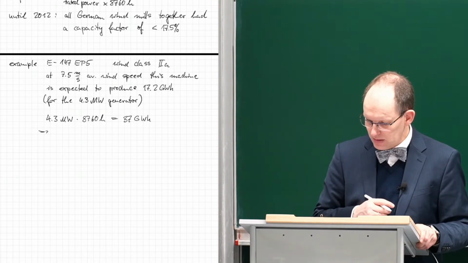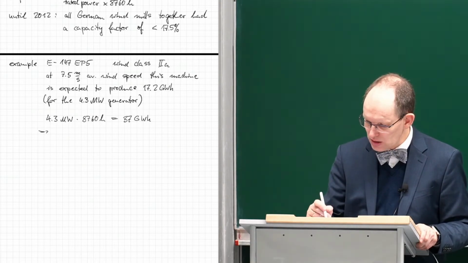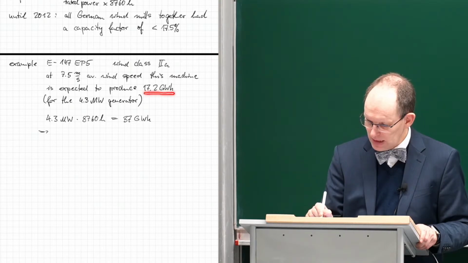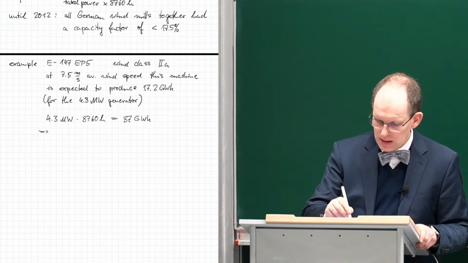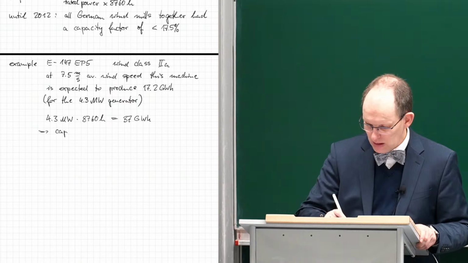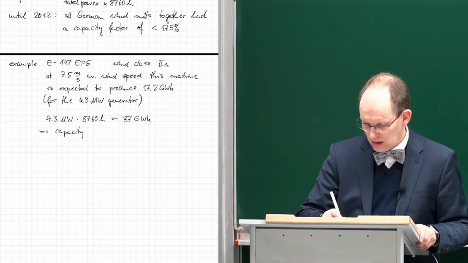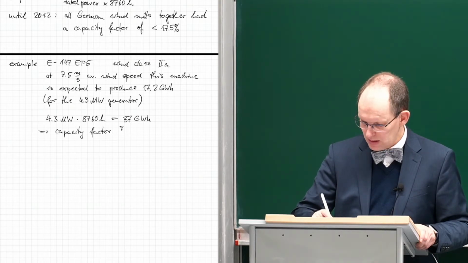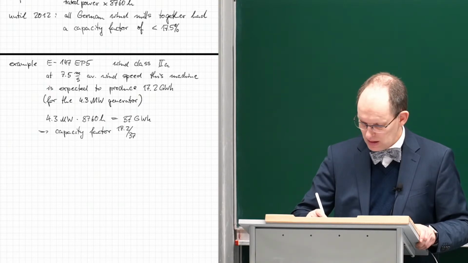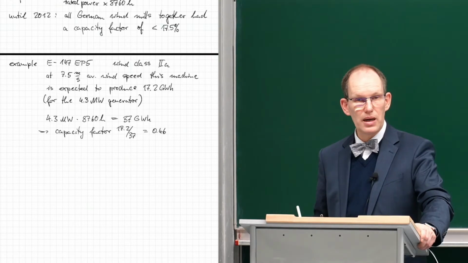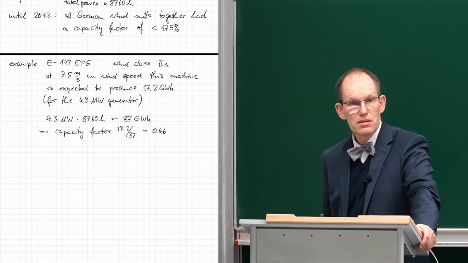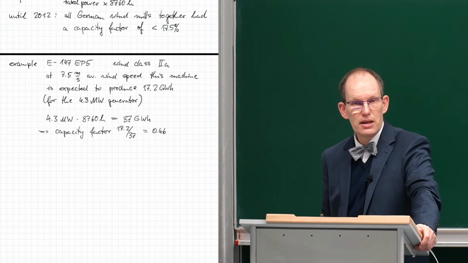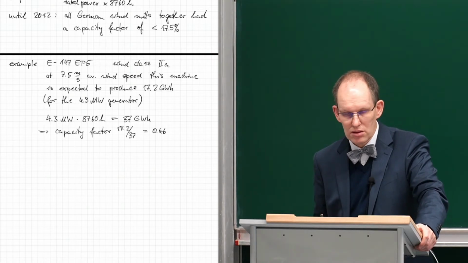So instead of these 37 gigawatt hours, we just produce 17. And this means that the capacity factor is 17.2 divided by 37. And this is 0.46. So that's not so bad. So that's much better than any solar panel, of course.